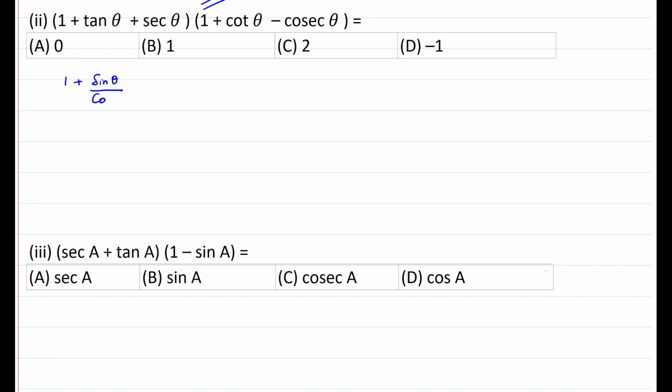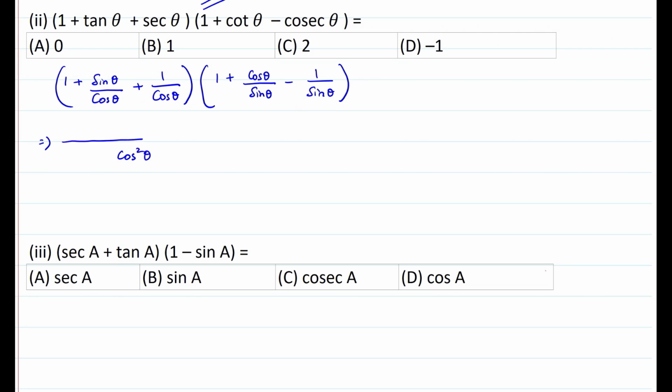Okay, so 1 plus sin theta divided by cos theta plus 1 by cos theta, whole thing multiplied with 1 plus cos theta by sin theta minus 1 by sin theta. Now we take LCM, and this one will be cos square theta divided by, the numerator will be cos square theta plus cos theta into sin theta plus cos theta.